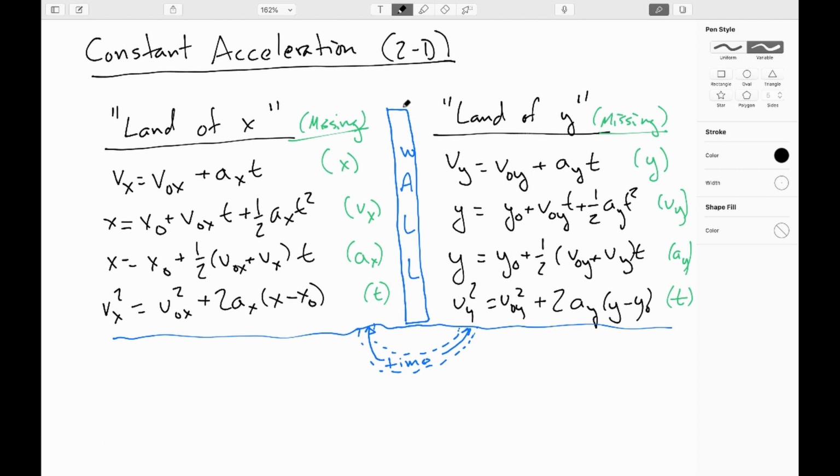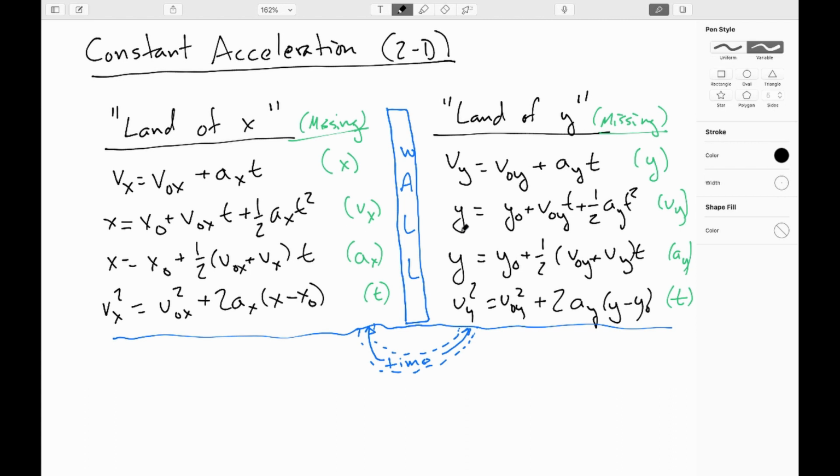There's a big wall between the land of x and the land of y, and nothing can be traded back and forth between these. So you can't solve for v sub x and then somehow try to insert that into something over here in the land of y. You couldn't solve for y and try to somehow insert that into anything over in the land of x.